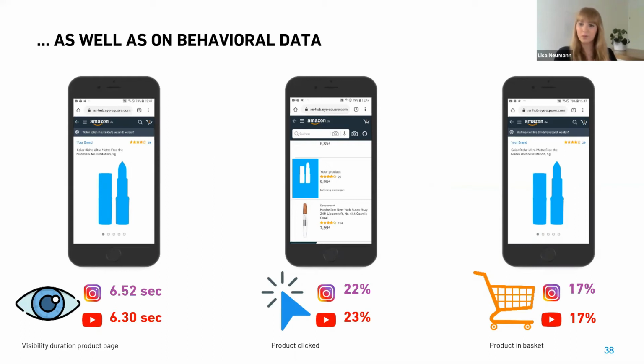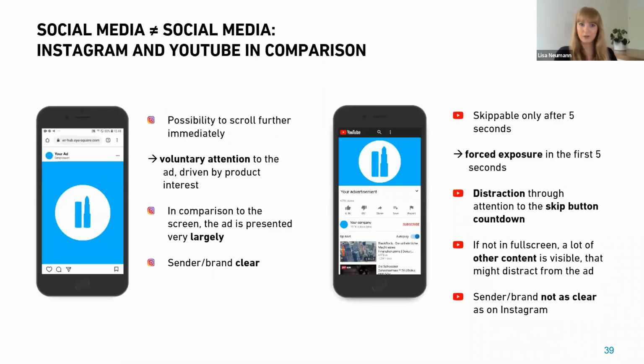For now, we want to know how does it come to this pattern. So each platform works in its own way, and that's why I suggest to have a closer look at them now. So Instagram and YouTube are both social media, but if we compare the two platforms more closely, we can find quite some differences. So on Instagram, we can scroll further immediately, which leads to the shorter playback duration we already saw.